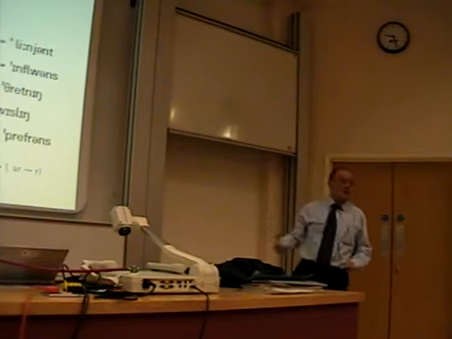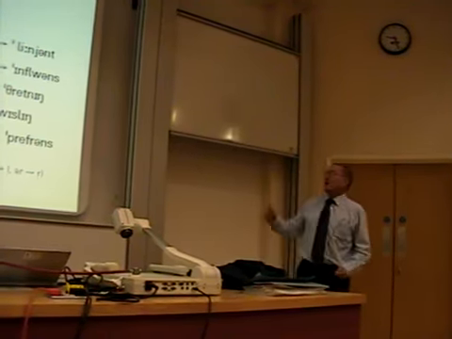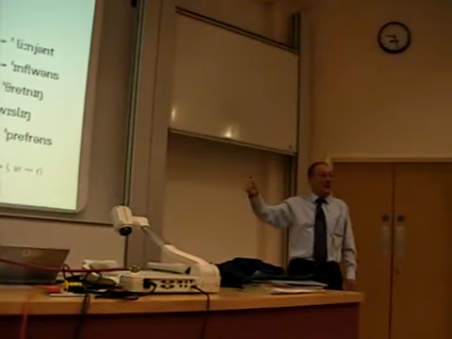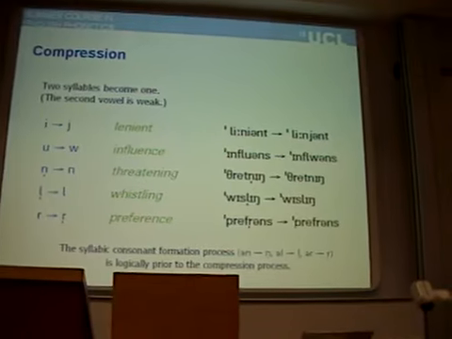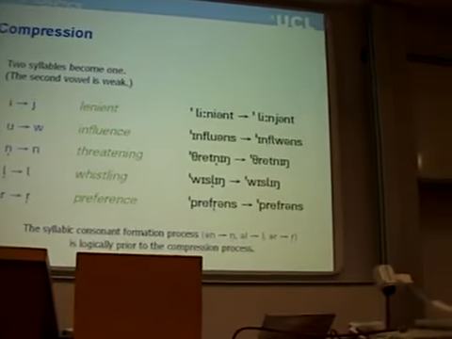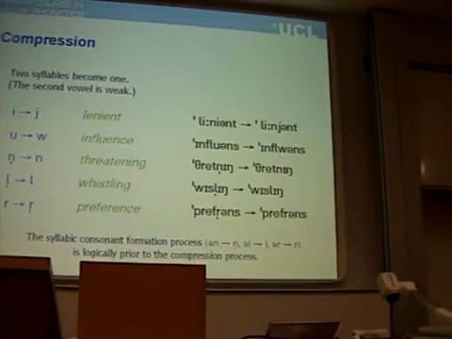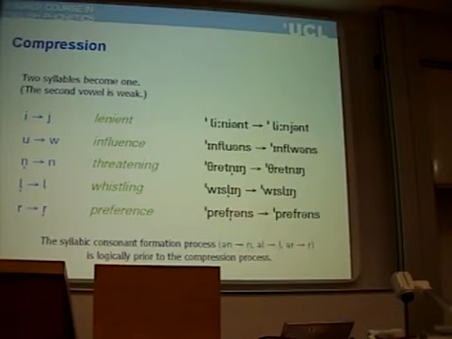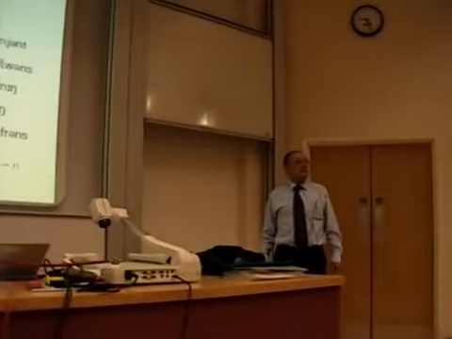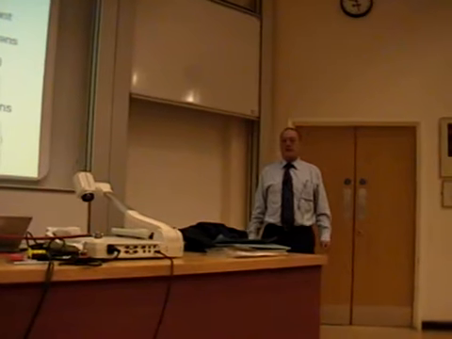And as these lose their syllabicity in the process of compression, the happy vowel turns into a semivowel, lenient becomes lenient, and the thank you vowel turns into a W. Influence becomes influence. The syllabic consonants just turn into the equivalent non-syllabic consonant.